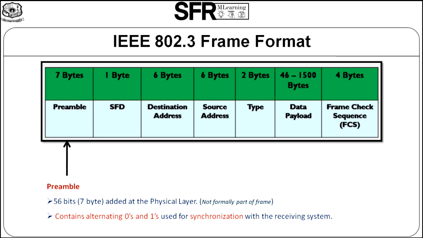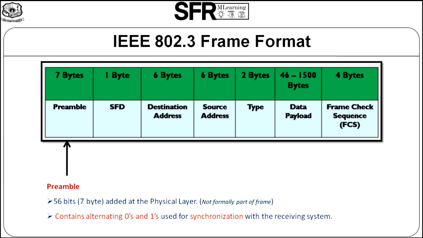So, the first field, as I already said, is not a formal part of the frame. It is only encapsulated at the physical layer. The first field, preamble, which is 7 bytes, that is 56 bits, is used for synchronization purposes. In this field, the value will be zeros or ones.